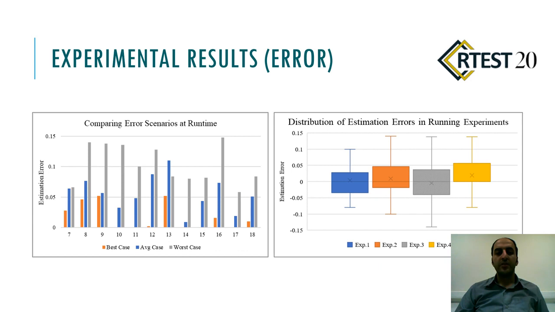Further, the distribution of error shows that the errors of estimation are mainly confined and bounded. We can see that most of the estimations have limited errors below 5%.